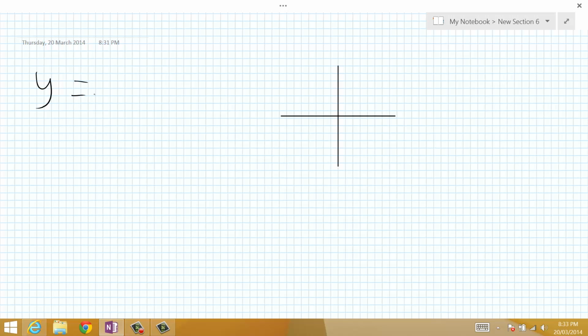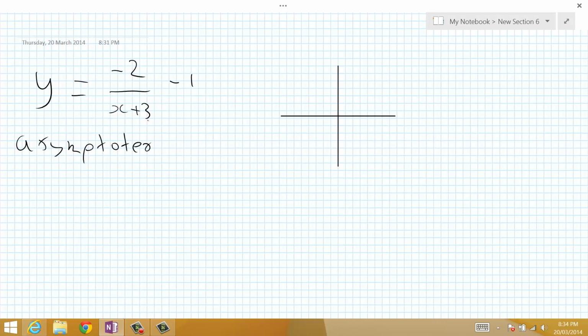Y equals -2 over x plus 3 minus 1. We need to determine our asymptotes, and to do that we note the fact that the bottom part of the fraction can never equal 0.